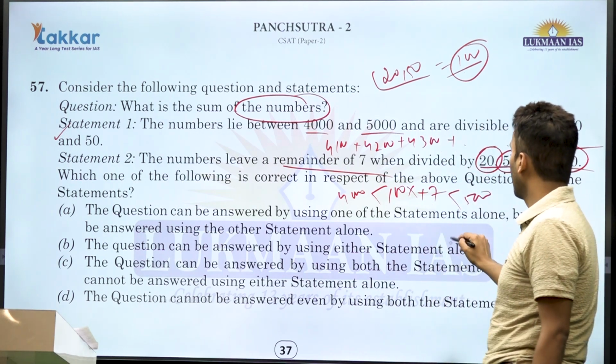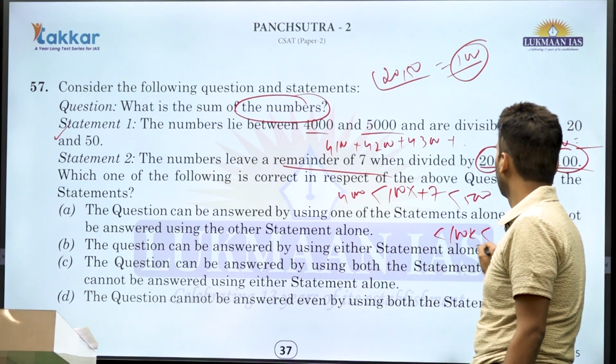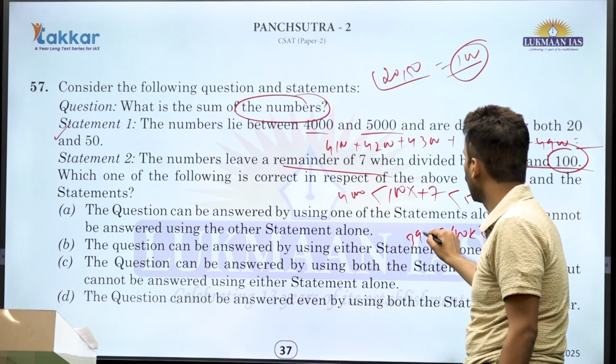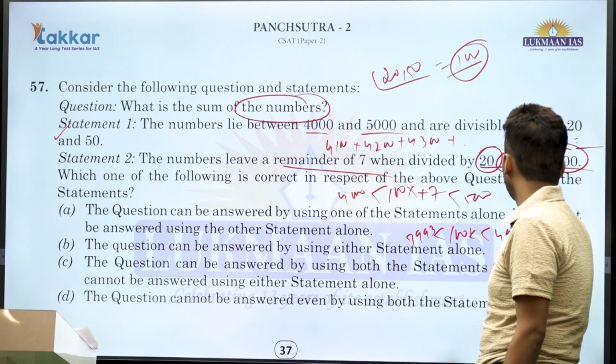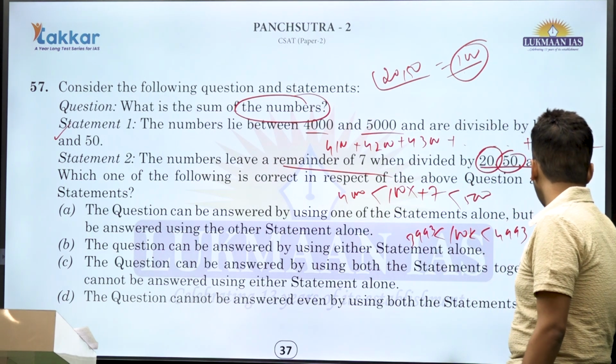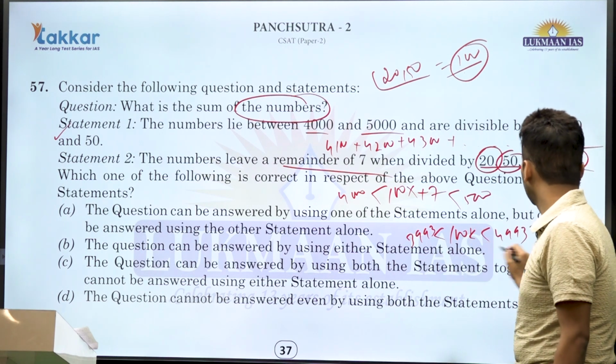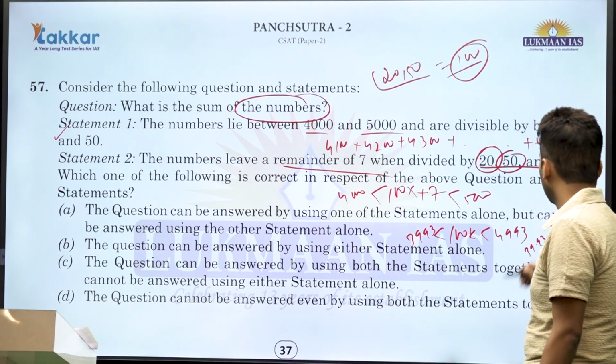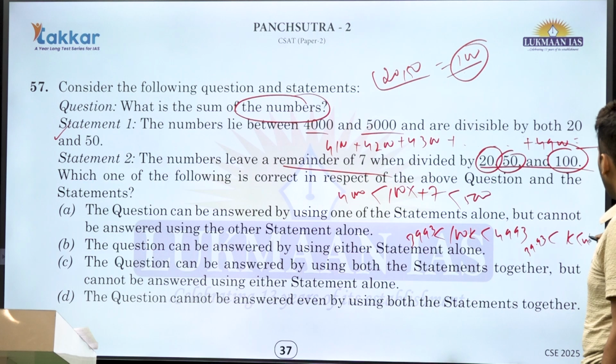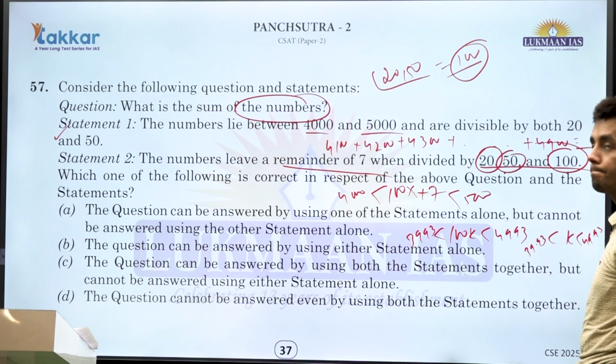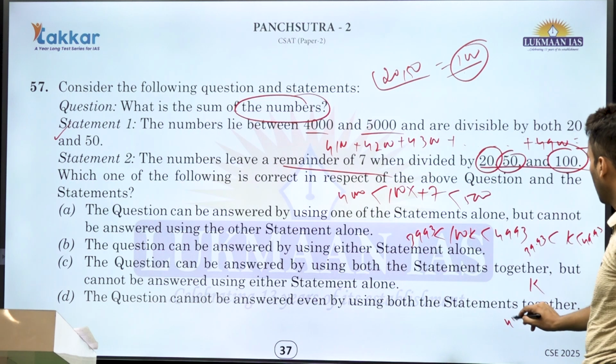Subtracting 7, we get 3993 and 4993. So the value of k lies between 39.93 and 49.93. Now the value of k is 40 up to 49.